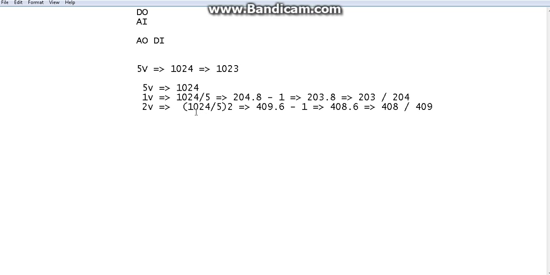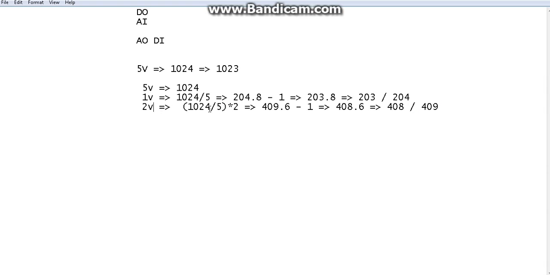So now you know the scenario. You can understand that for this amount of voltage, this will be the analog read value, and this will be the value for these voltages. So let's say you are giving a sensor input and you are getting a particular analog value. Then you can do the reverse, right?